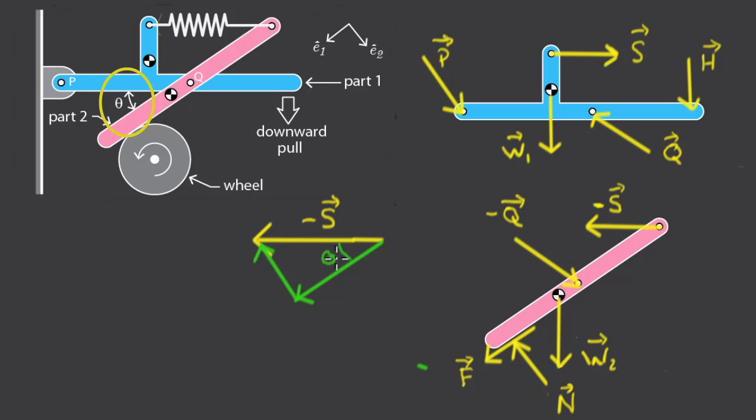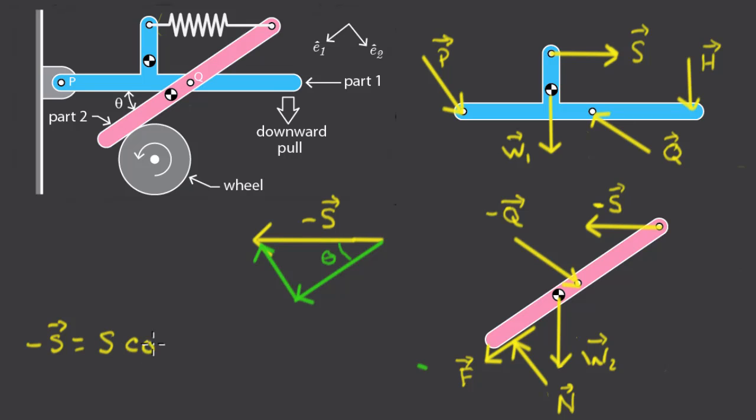Right? Now that I have my geometry all worked out, writing the decomposition is fairly simple. So I say minus S, or that spring force, is going to be, well, I got this piece right here, which is in the positive E hat 1 direction. So I'll call that S. And that's the adjacent side of the triangle.